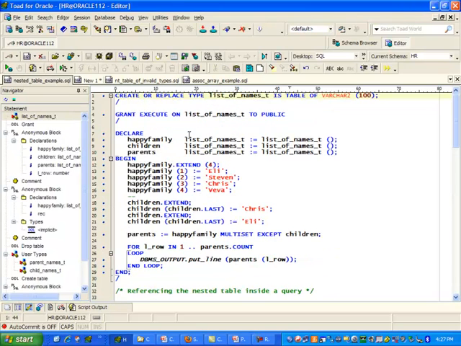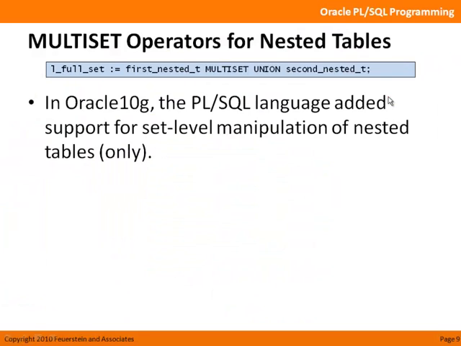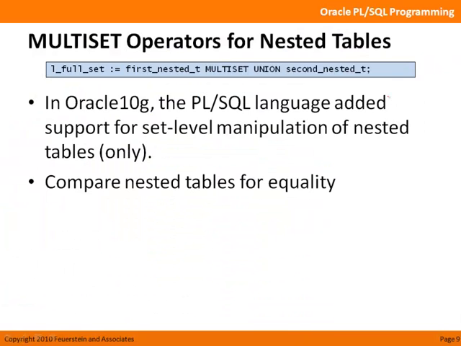With nested tables, it looks just like you're declaring an associative array, is table of, but there's no index by clause, which would make you think that, well, then there's no index. Now again, until Oracle 10G, Oracle has allowed you to use an index, partly because there was no alternative. Now with the 10G multi-set operators, you can actually say, well, I'll treat it as a true set rather than as a list of elements indexed by an integer value.